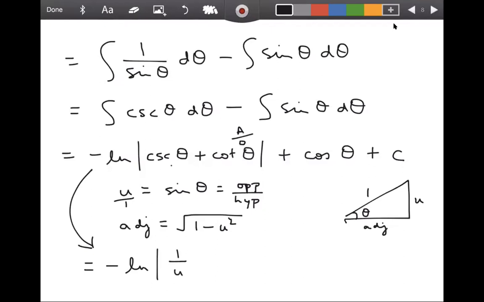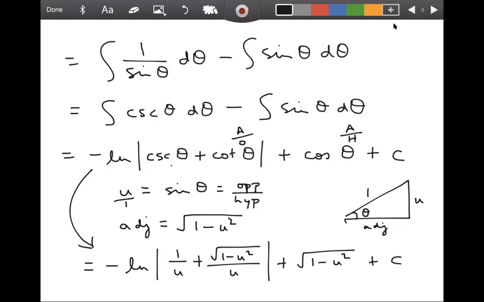The adjacent is the square root of 1 minus u squared. The opposite is u. And then the cosine of theta, that's the adjacent over the hypotenuse. That's going to be the square root of 1 minus u squared, plus c.